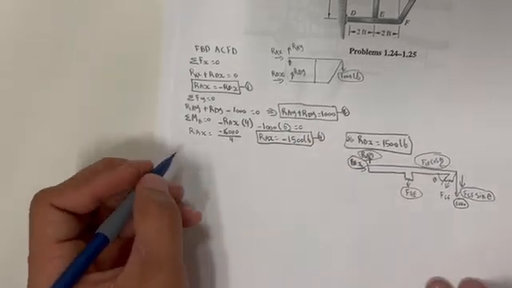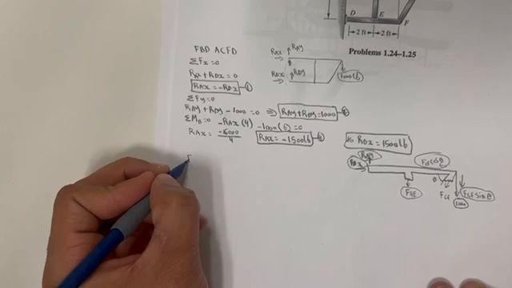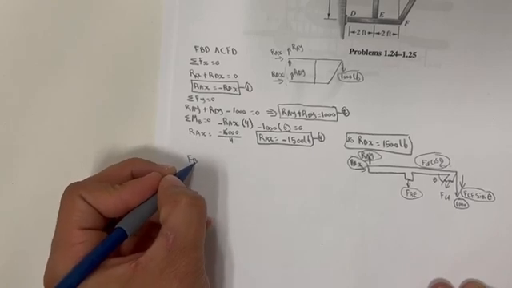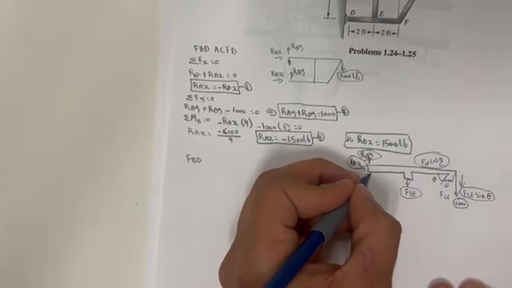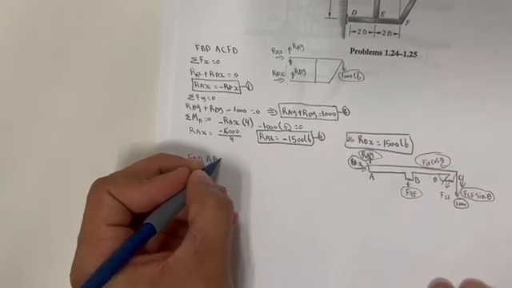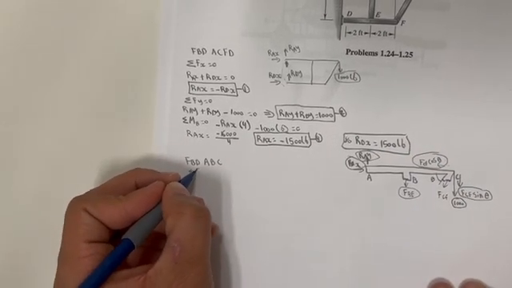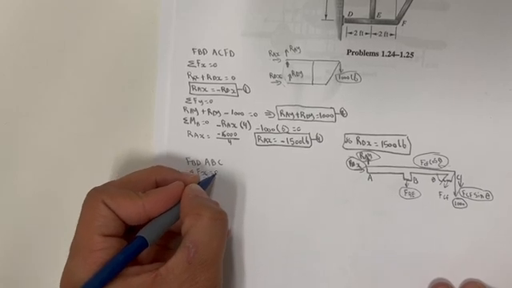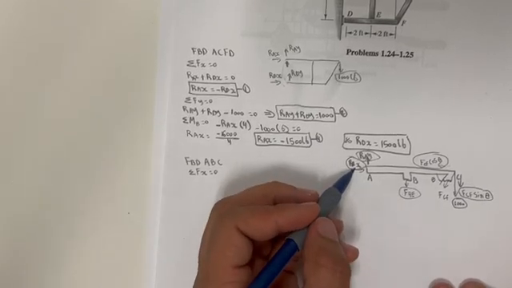Okay, let's get started. The same thing. So that's the FBD, free body diagram, that was A B C. Summation of x equals 0. What is in the x direction?